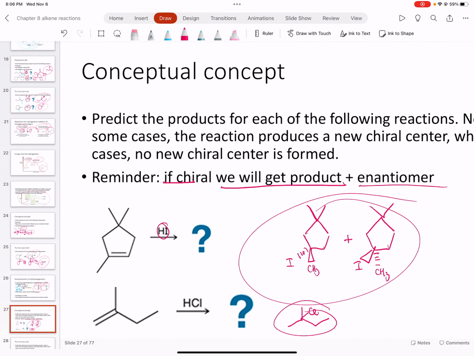So I would say when we're doing our notes, if you are doing your notes, in hydrohalogenation, if chiral, we will get product plus enantiomer. For example, I would put these reagents: HBr, HI, HCl. And if chiral, we'll get a product plus enantiomer.